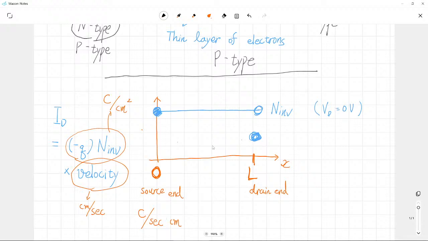Let's say that this is your MOSFET, taken from the top view, and this is our source and this is our drain. Now I'm asking you to calculate the current. So what you do is, okay, how many electrons are there? You take the area, count the number of electrons and divide by this area.